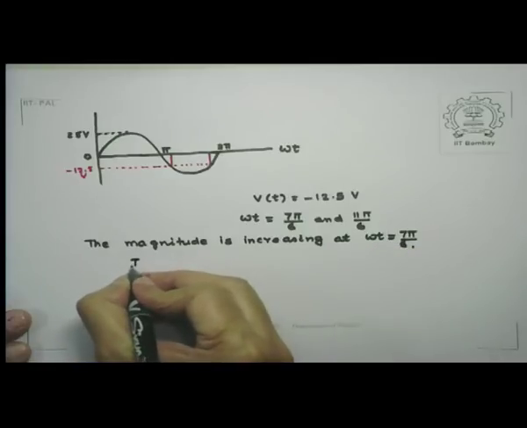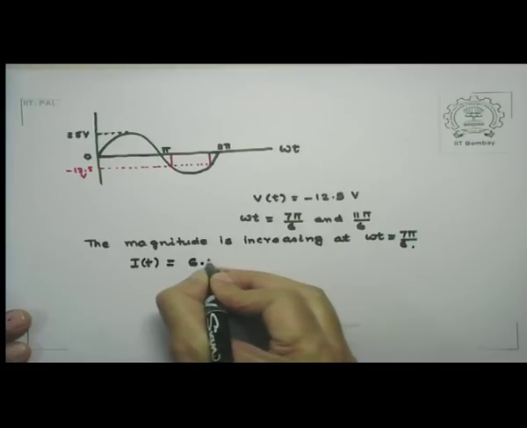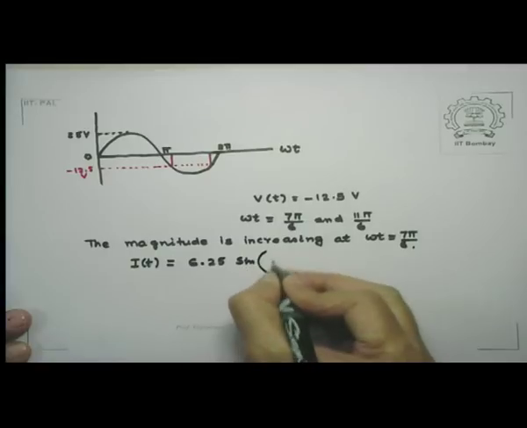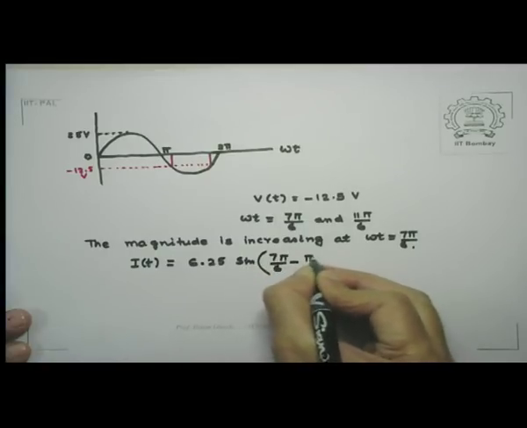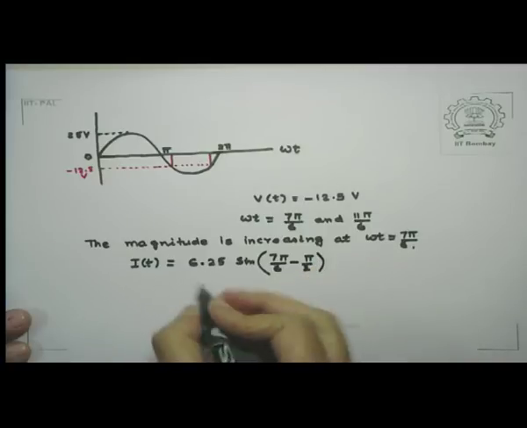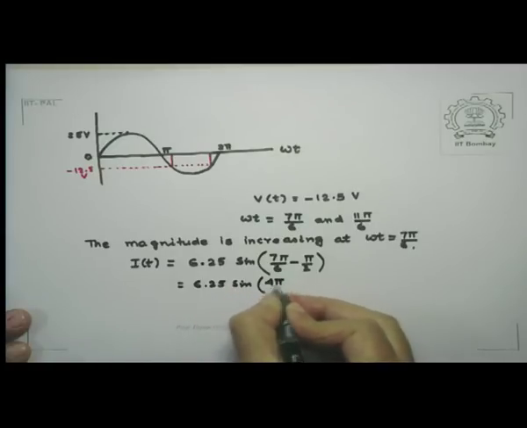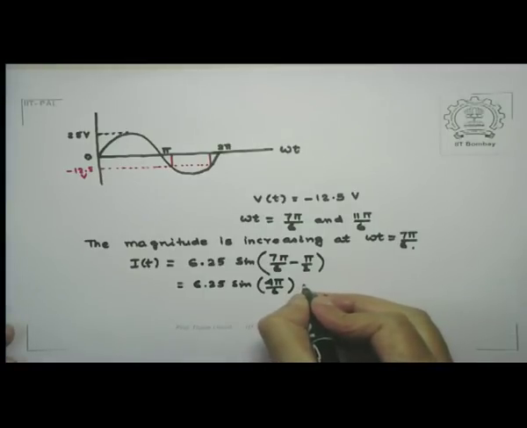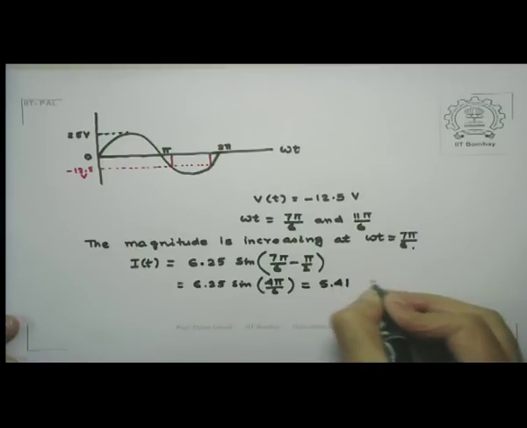So my current i is then given by the maximum amplitude of the current, 6.25, times sine of 7 pi by 6 minus pi by 2, that is because of the lag, which is equal to 6.25 sine of 4 pi by 6. Sine of 4 pi by 6 is square root of 3 by 2, and if you calculate this, it will give you 5.41 milliamps.